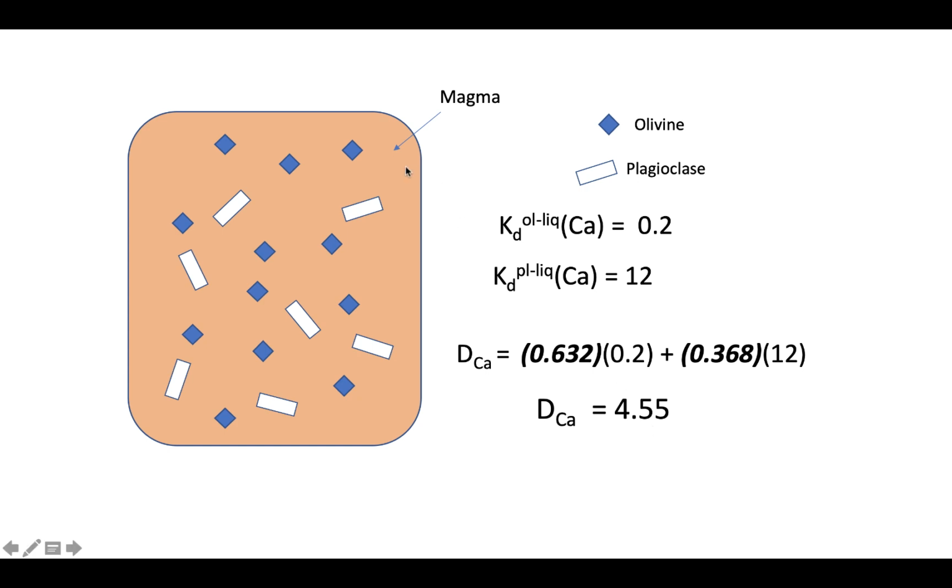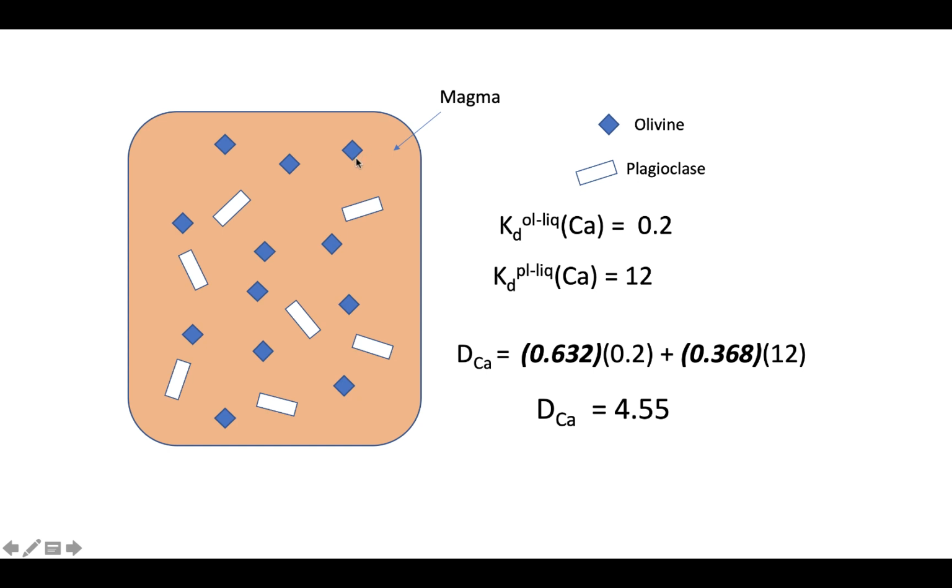Again, however, even though olivine does not absorb very much calcium, the bulk solids, olivine plus plagioclase, will still absorb more calcium in total than the liquid will. As the system crystallizes, calcium will be depleted in the residual liquid, with most of the calcium going into solid phases.